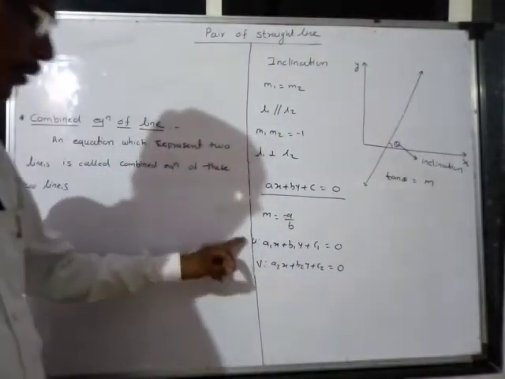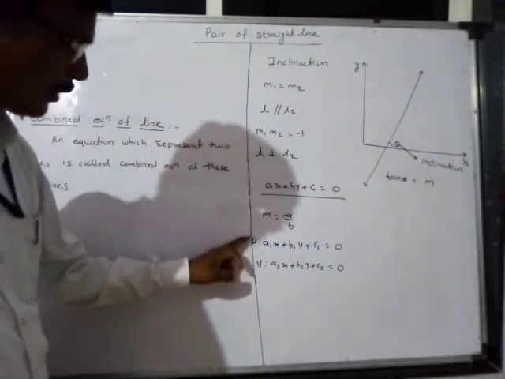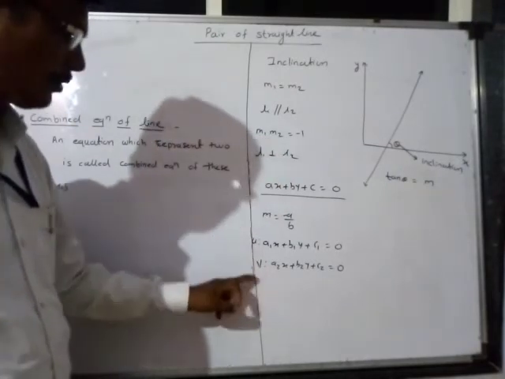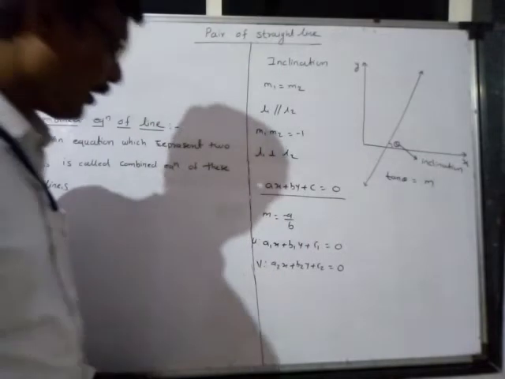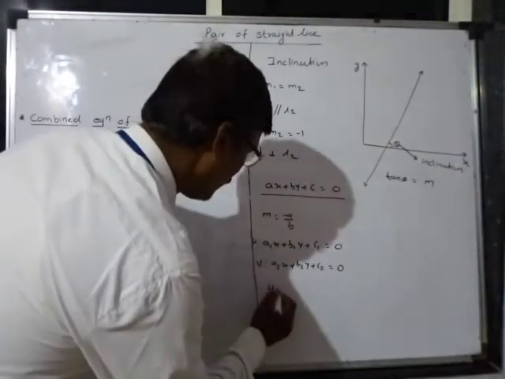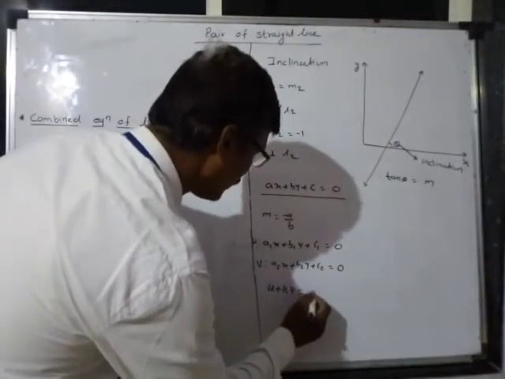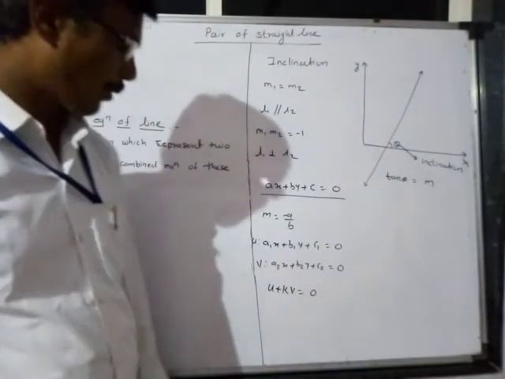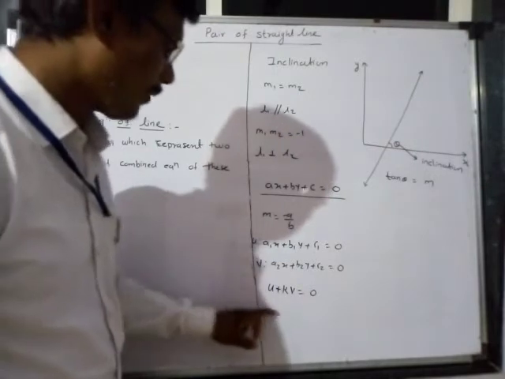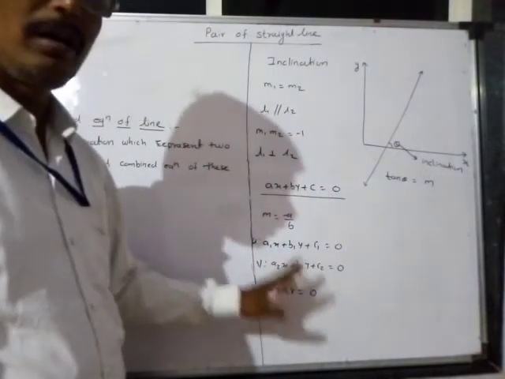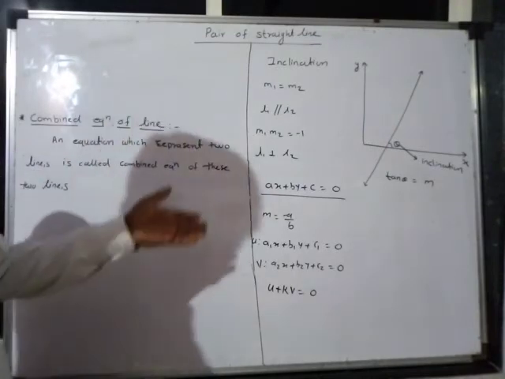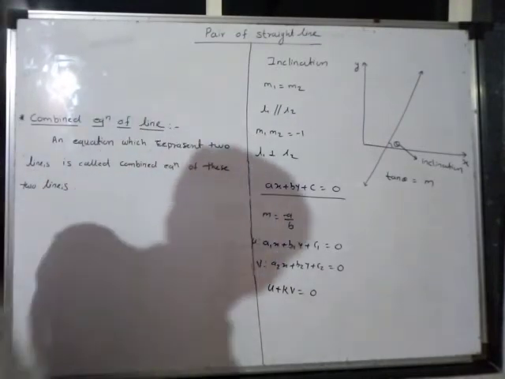Then the equation of the line passing through the point of intersection of these two lines, u is equal to 0 and v is equal to 0, is given by u plus kv is equal to 0, and this is called the equation of the family of lines.